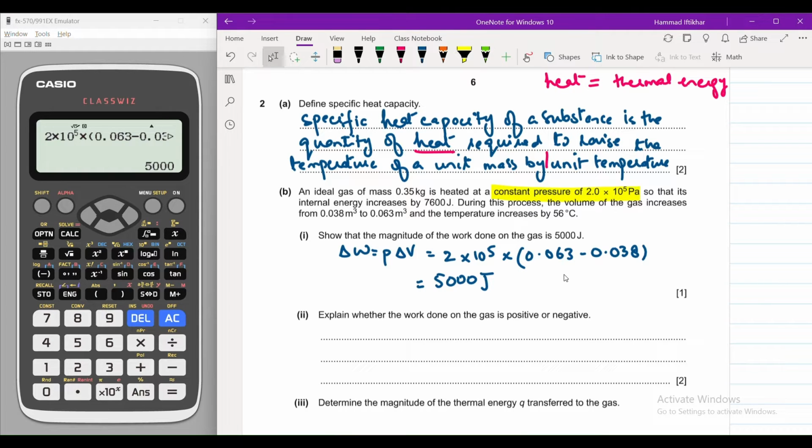Explain whether the work done on the gas is positive or negative. So since the gas is expanding, the work is done by the gas. But when we talk about work done on the gas, it is negative.